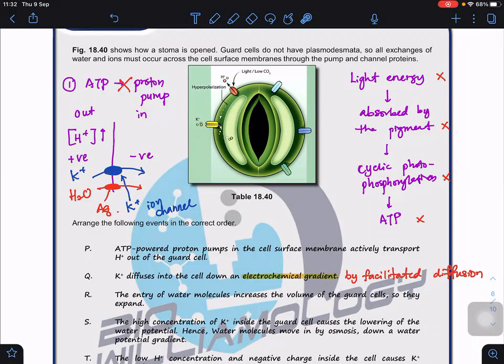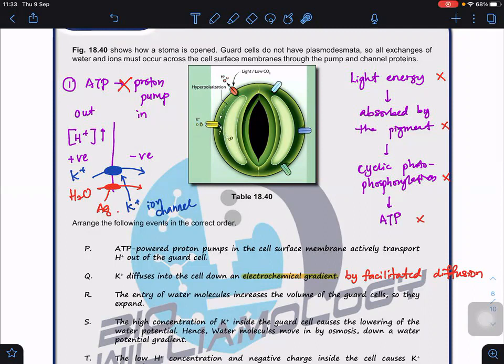Because H plus accumulates inside, H plus repel each other, and there's no proton pump function, because the proton pump is closed already. When there's no proton pump function, H plus starts to accumulate. Because of the high concentration of positive ions repelling each other, K plus now moves out.